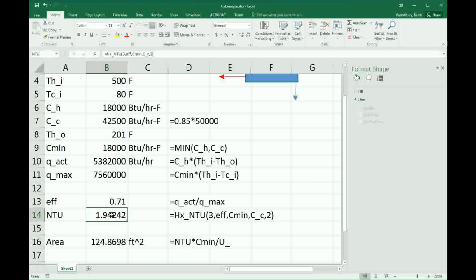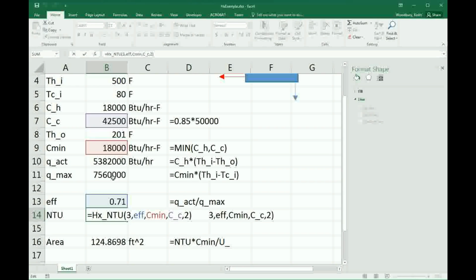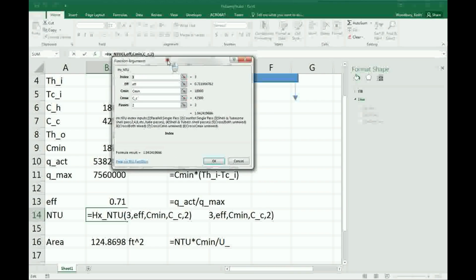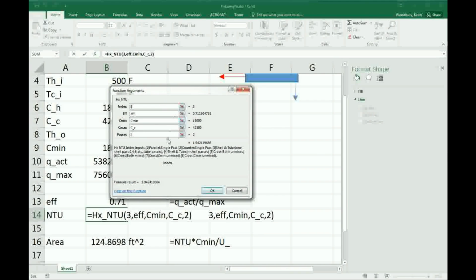If we have a Windows system, we can find out more about these functions through the online help that is built into these add-ins. And you can see in the small print here that there's a description that indicates this first parameter in this call is a descriptor to indicate which type of heat exchanger we have. So 1 and 2 or other types.